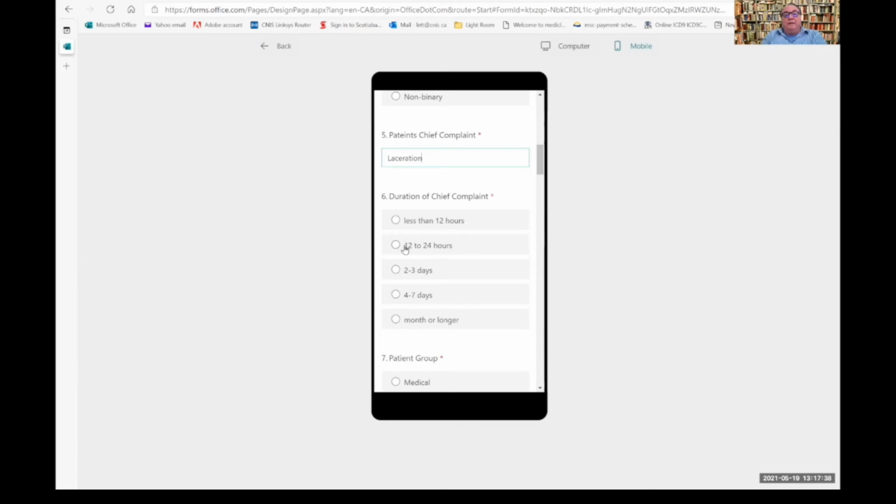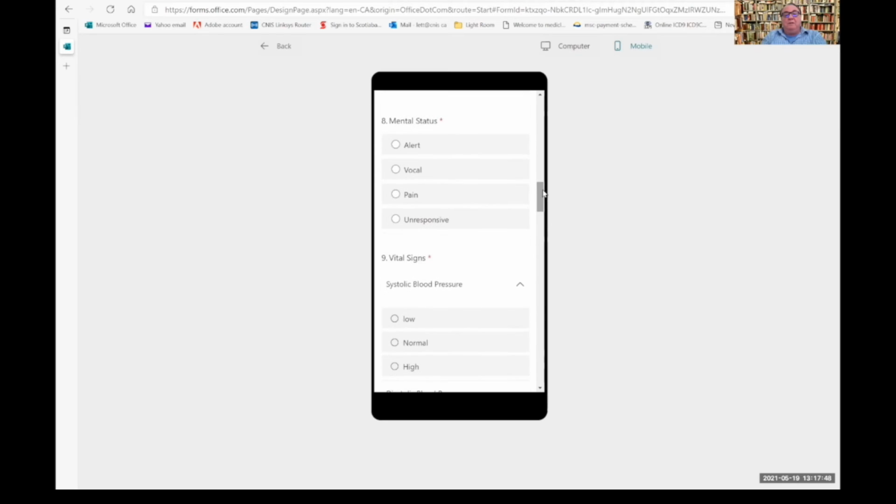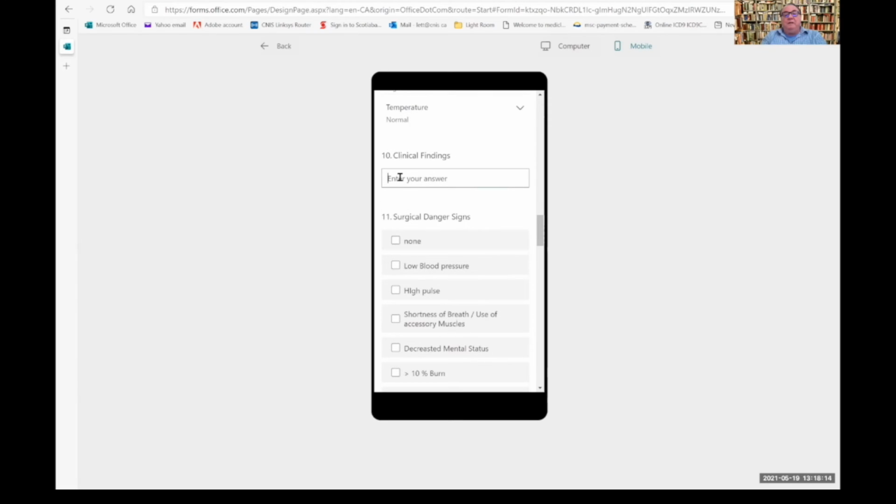The complaint was for 2 days. We decided it was a surgical problem, not a medical or obstetrical problem. The patient was alert. Her vital signs, her systolic blood pressure was normal. Her diastolic blood pressure was normal. Her pulse was high. Her respiratory rate was high. Her temperature was normal. Clinical finding, a dirty wound.